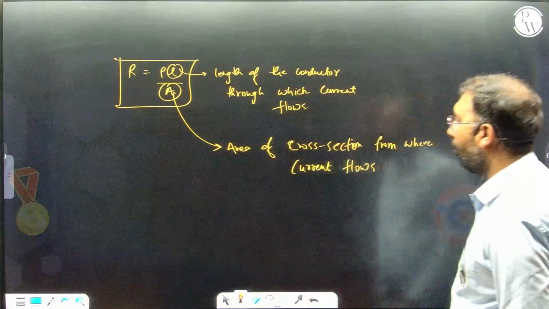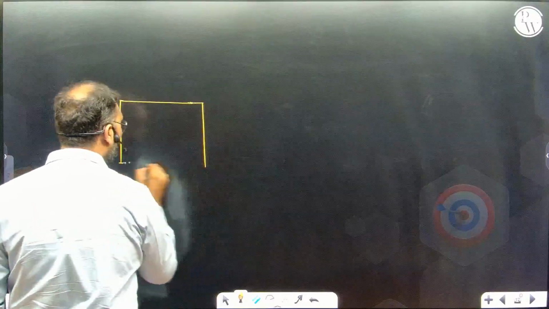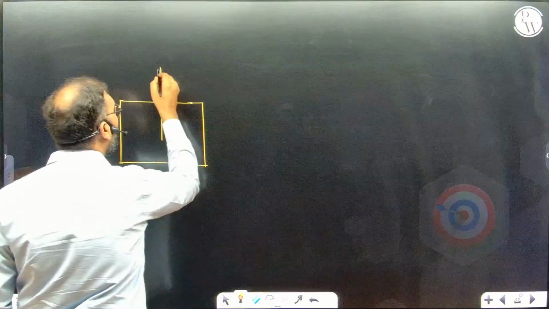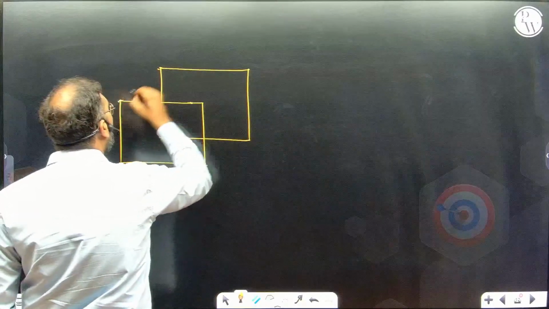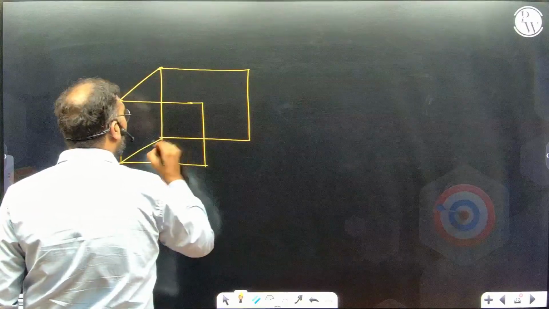So to make you even more clear on this, I am taking a specific example. Let's say I am having a cube or cuboid. Basically I am having a cuboid. So I am making a beautiful cuboid for you.